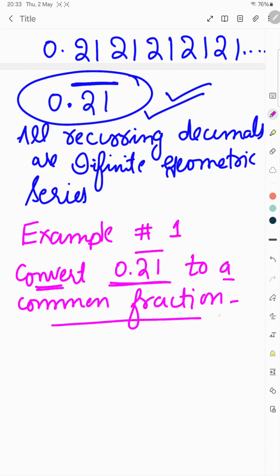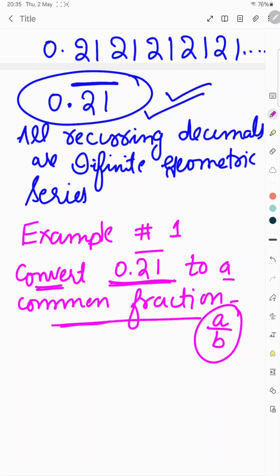So what is a common fraction? Fractions, as I told you above, are numbers in their simplest form, and we can write them in a divide form. So we have to convert this decimal into a fraction. For this process I will use the formula which I used in the previous example, the sum of an infinite geometric sequence, and with the help of this formula I will convert this decimal into a common fraction.